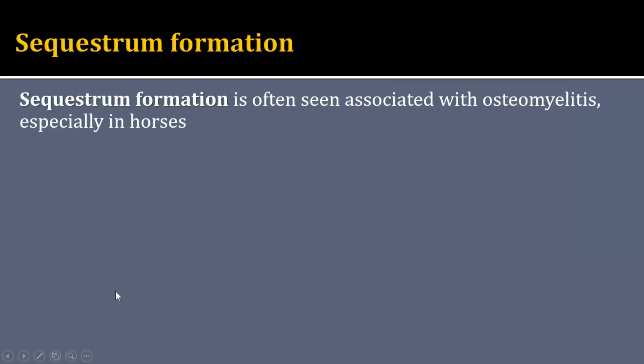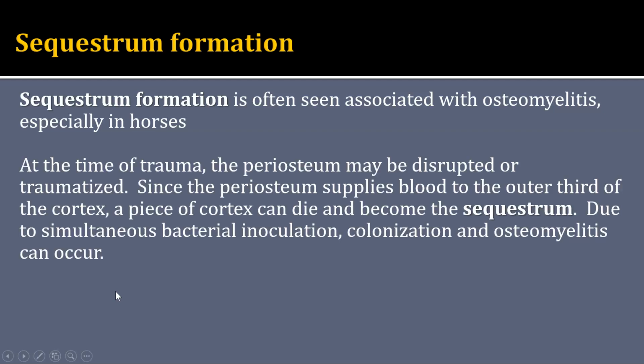Another thing that can happen associated with bacterial infection is a process of sequestrum formation. It is not uncommon to see this, especially in our horses or other large animal patients. How this happens is that at the time of trauma to the soft tissues and the bone, the periosteum of that bone can become disrupted or traumatized.